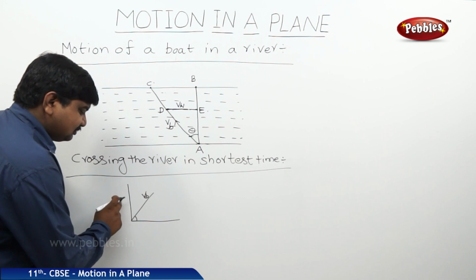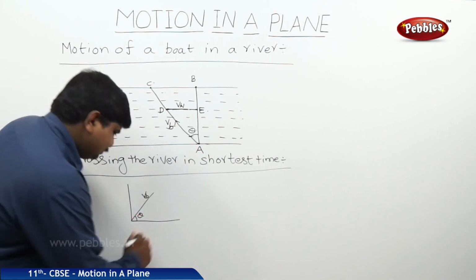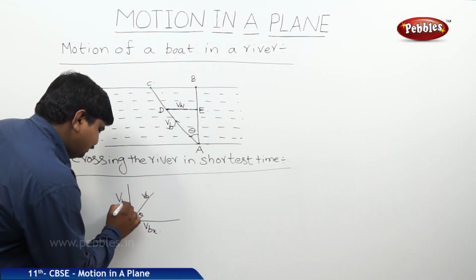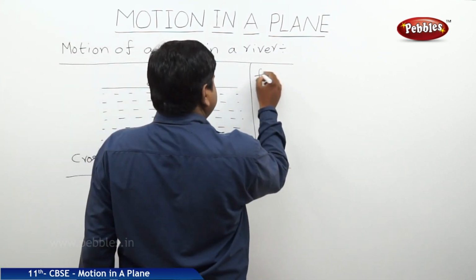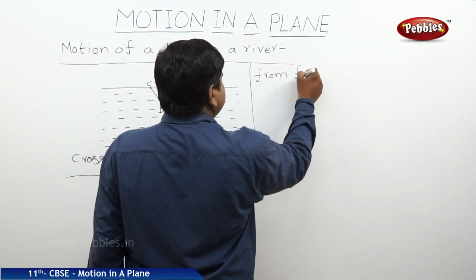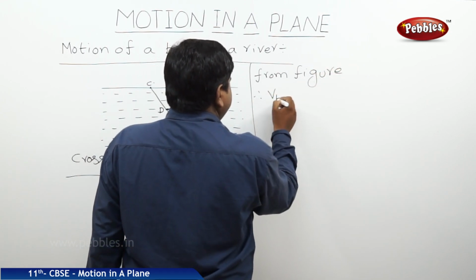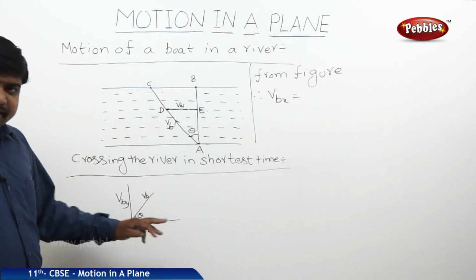This is x-axis, this is y-axis, which makes an angle theta. So this component is Vbx, this component is Vby. So from the figure, we can write Vbx is equal to Vb cos theta.